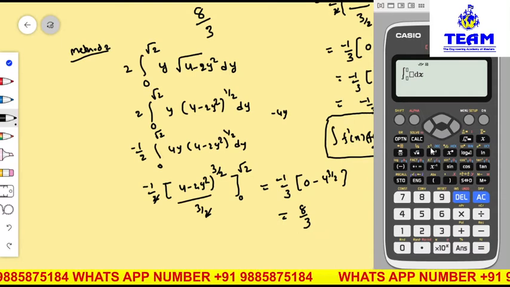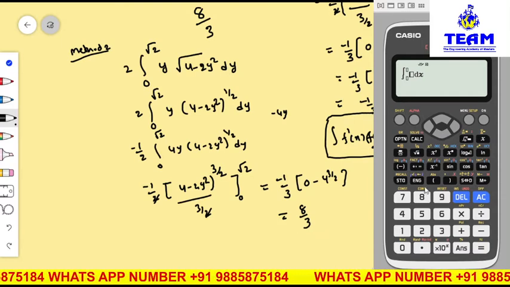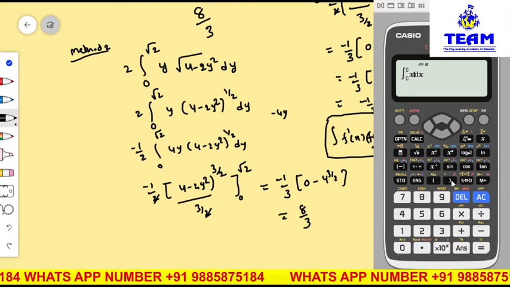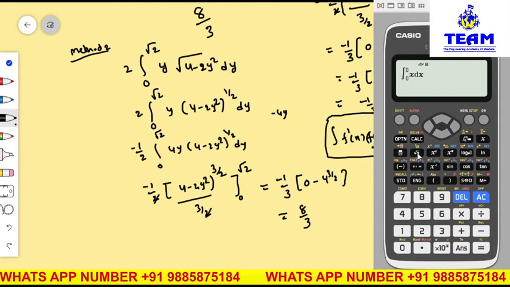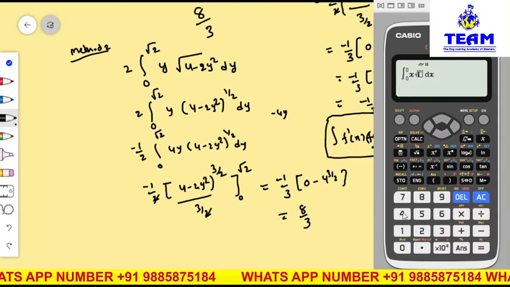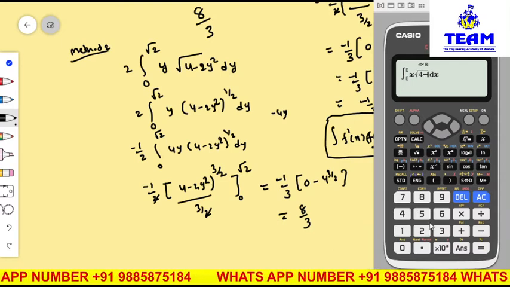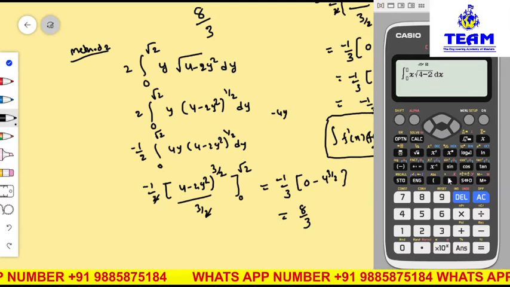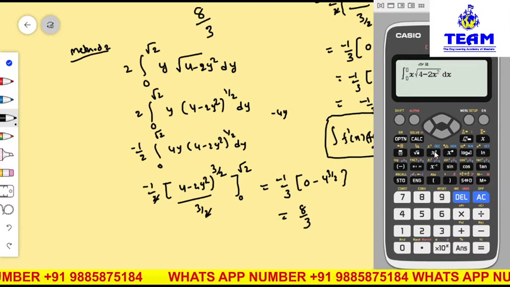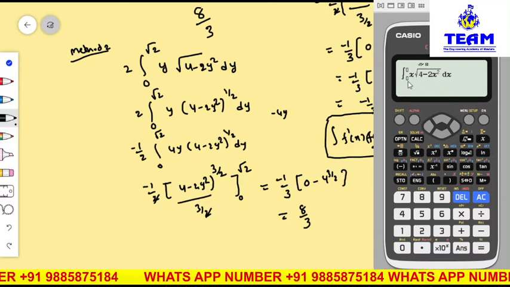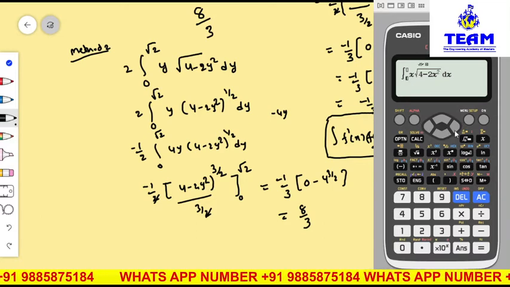Anyhow, you see integral, here I have x alpha, this closure bracket gives x, square root of, here I have a square, here 4 minus 2 alpha x square. Now the limits are here. What I have limits?